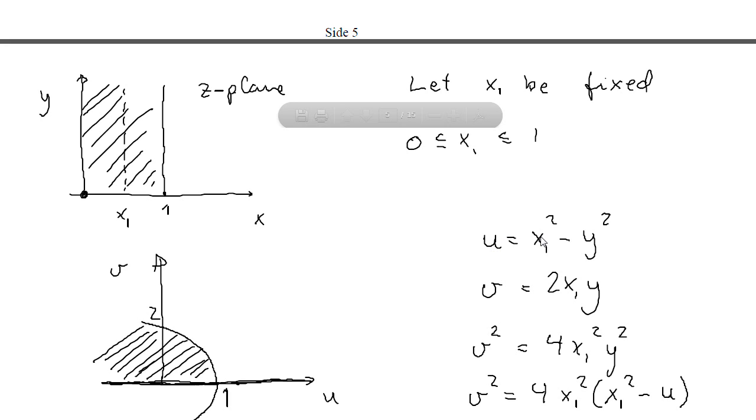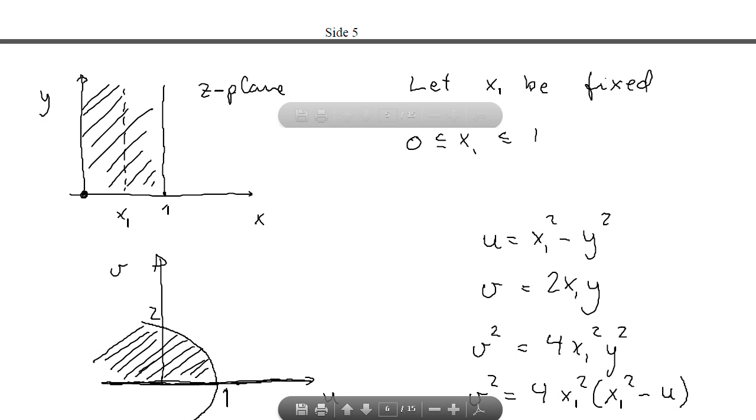It must be the x value, which has this particular value x1, minus some arbitrary value y squared. So x1 squared minus y squared. The v value, the imaginary value of the function, should be 2 times the x value, which is x1 on this line, multiplied with this arbitrary y value y.